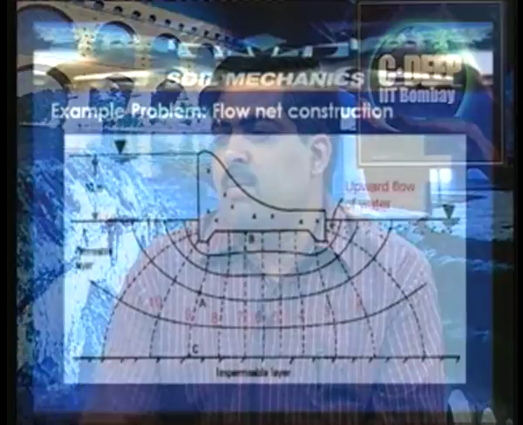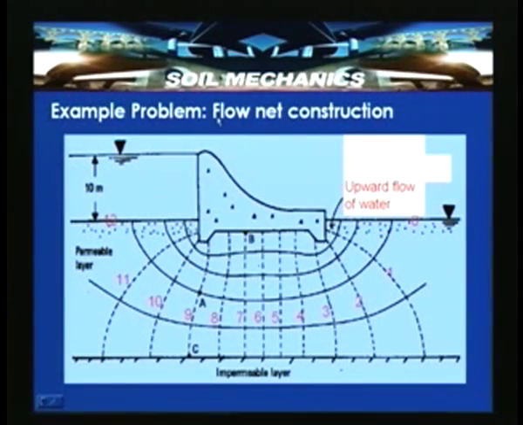So, this is an example problem for flow net construction for a masonry dam. Here, this is the upstream water level and this is the masonry dam which is resting here, retaining this water and maintaining this water level. But because of the permeable layer the flow takes place like this in this plane.